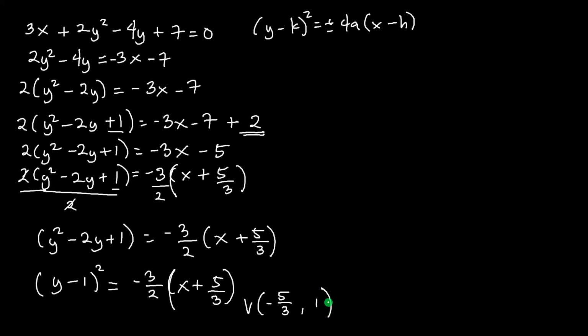We can already determine the latus rectum by simply using this equation. That's just 3/2. Okay, ignore the sign. 3/2 or 1.5 units. Okay, so I've already answered number 3. Number 1, the vertex. This is your vertex.